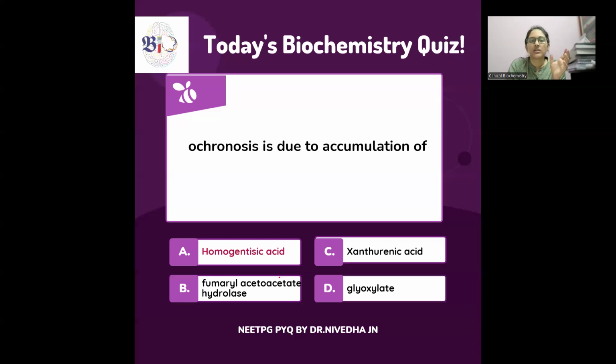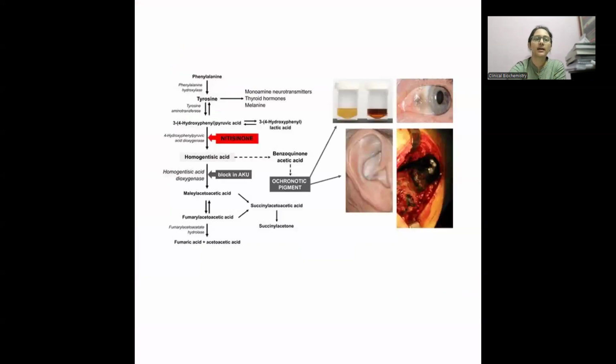All right, so let's see. This is the answer. So homogentisic acid is the answer here. As you can see, this is an enzyme involved in the tyrosine metabolism pathway. Here, homogentisic acid gets converted to maleylacetoacetic acid with the help of homogentisic acid oxidase or dioxygenase.